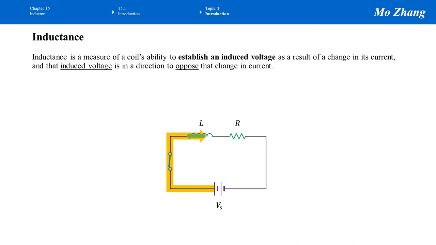As soon as this current flows through this inductor, the green arrow, which means the induced voltage, is being created, and the current continues flowing and then returns back to the negative terminal. Eventually in the steady state, the current becomes constant in the circuit. Induced voltage becomes zero.